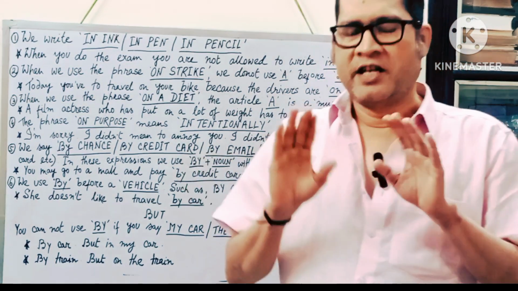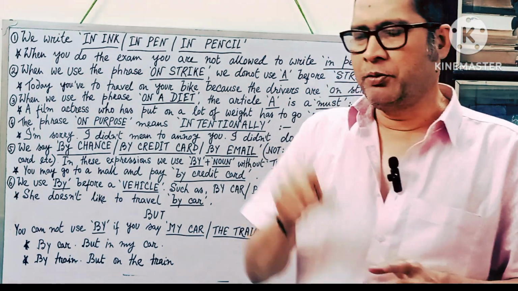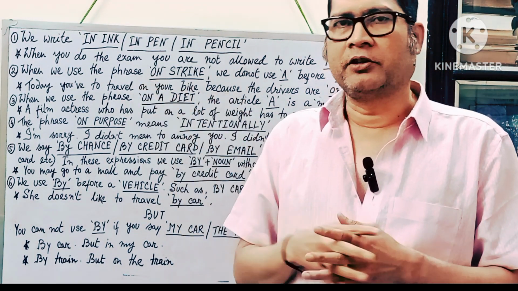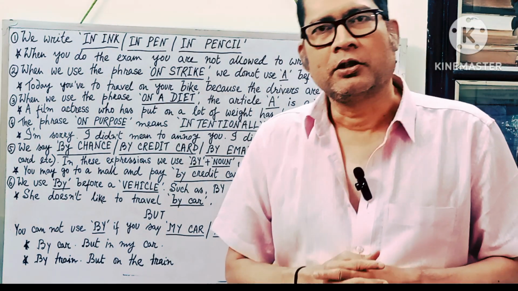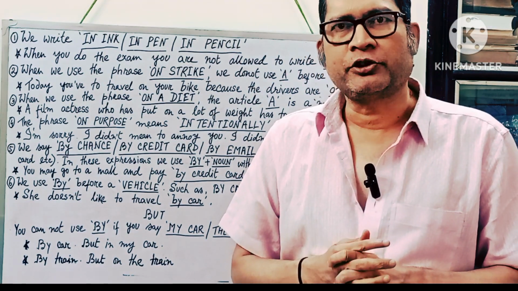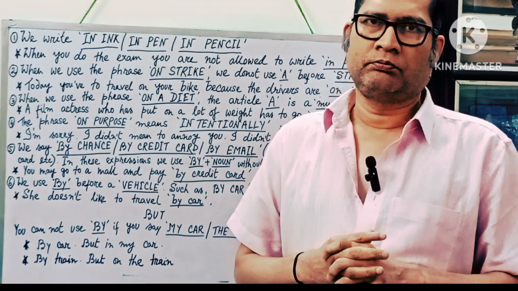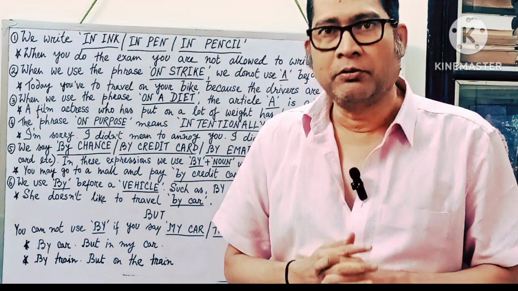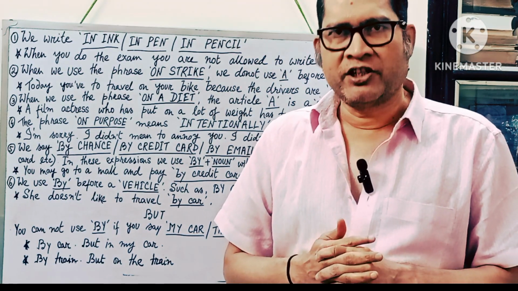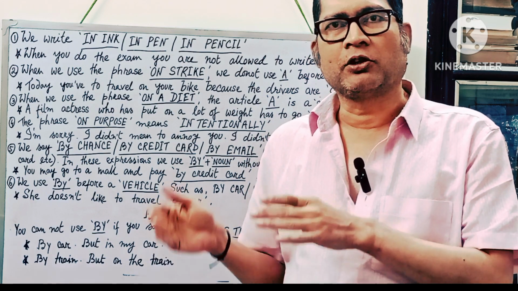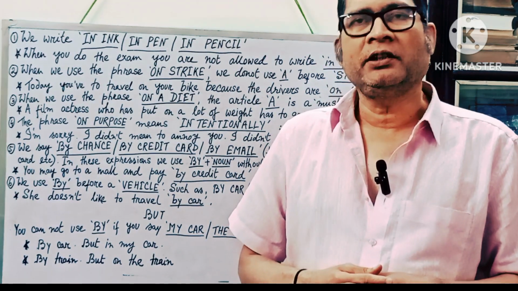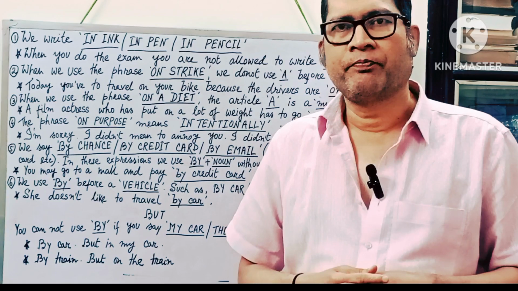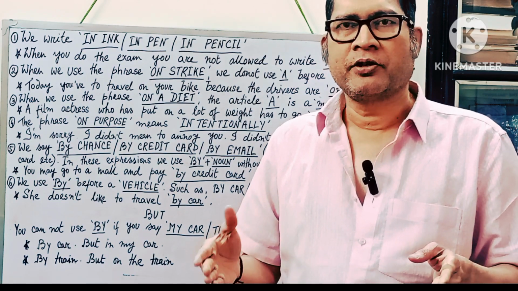Never use any article. Simply by plus the vehicle. Though these vehicles are countable common nouns, you will not be able to use any article before these countable common nouns. Why? Because the formula says by plus the vehicle.